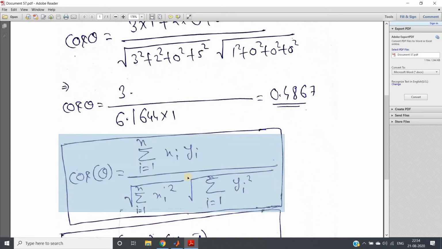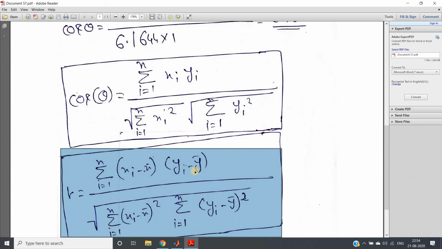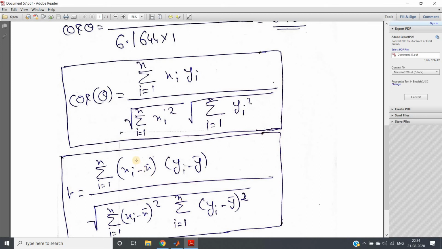Now you might think, what is the relationship if you compare with our normal correlation coefficient, which is this formula we have seen earlier also. So you can clearly see these two formulas are quite similar. The only difference is, previously in calculating the correlation coefficient we subtracted the mean from our dataset in both numerator and denominator, but here in cosine similarity we are not doing that.